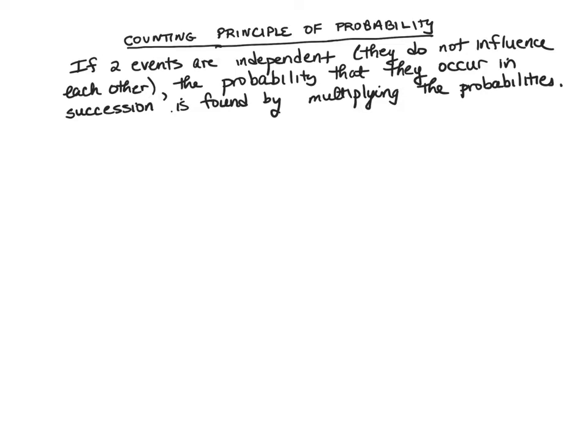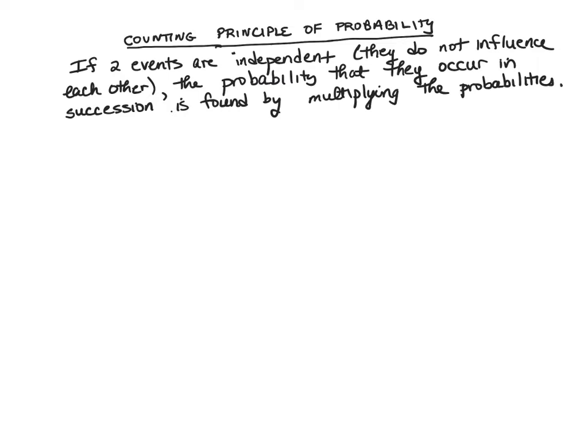Okay, so let's look at this one. I wrote the counting principle of probability for you on this page. And it says, in words, if 2 events are independent, meaning that they do not influence each other, the probability that these events will occur one after the other or in succession is found by multiplying the probabilities.